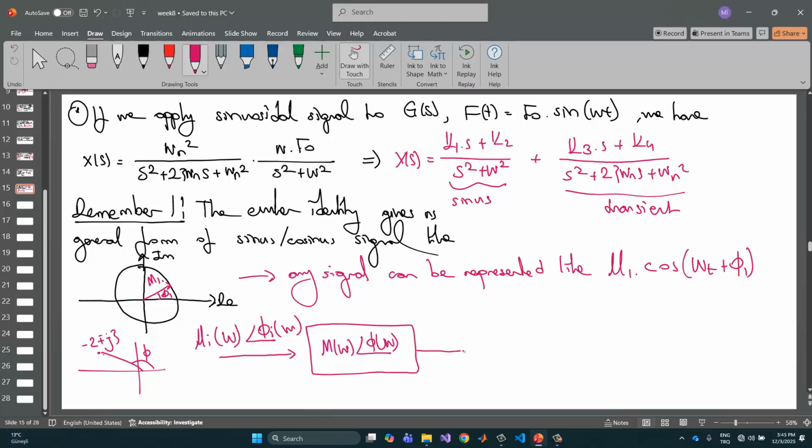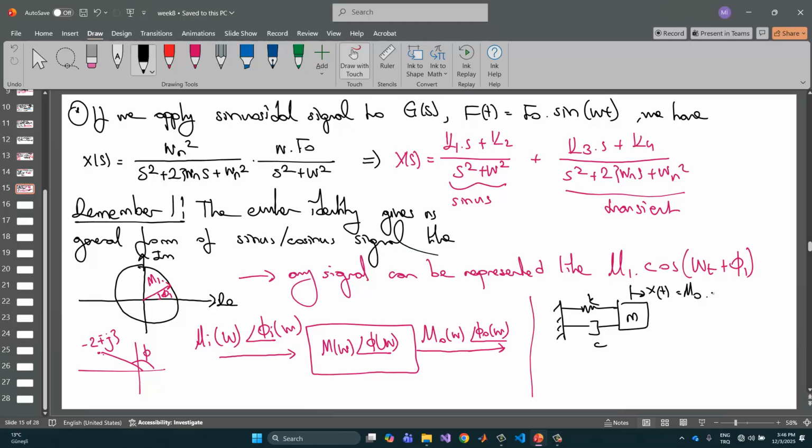So we can generate the output signal in here: Mo of w and phi o of w, right? And then if we have any system in here, x(t) is equal to what?